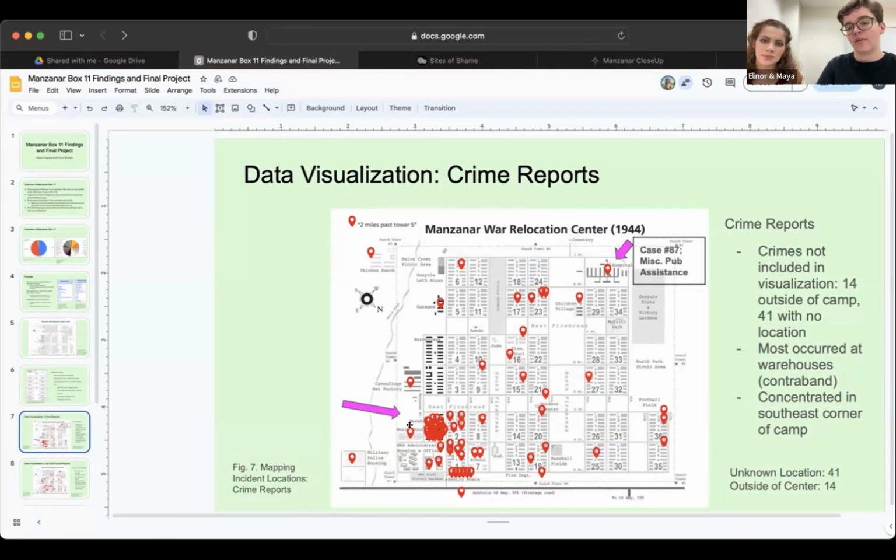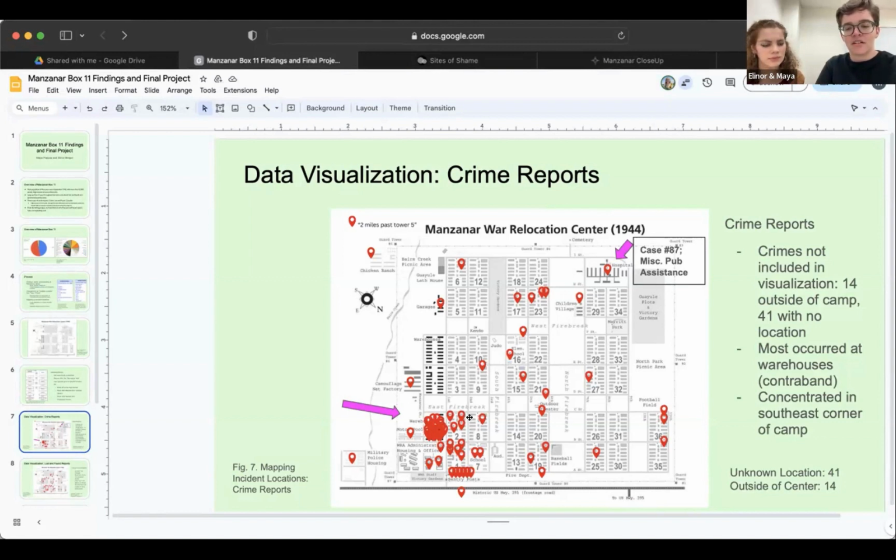I believe there were about 30 individual cases that took place at the warehouse, but the majority of those reports were contraband, as people's luggage was stored in the warehouses. Sometimes they had a radio or a chef's knife or something like that that was considered contraband.